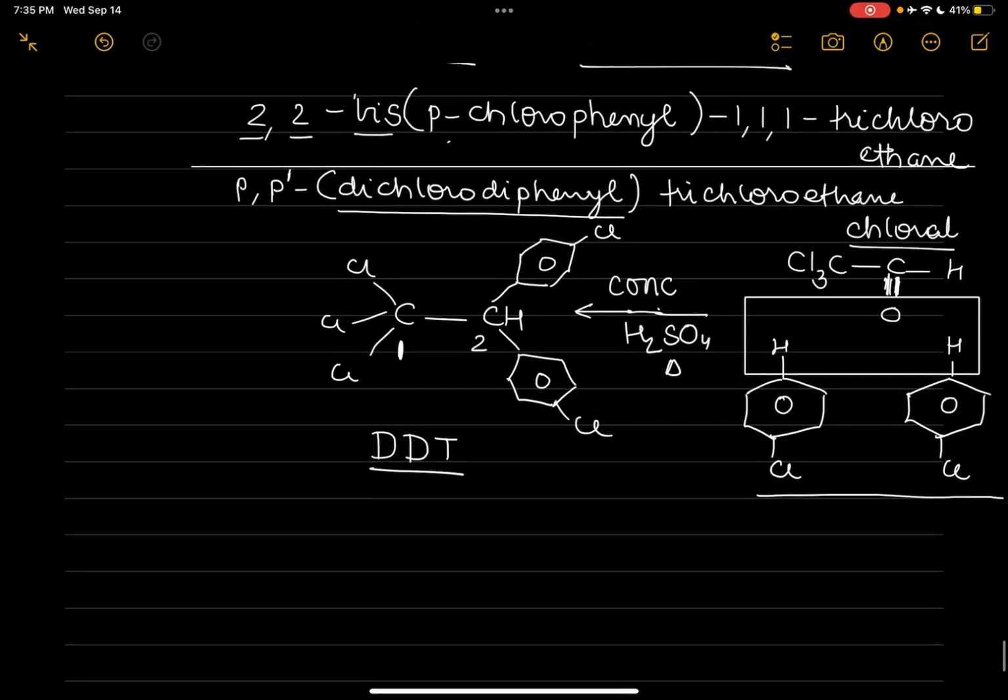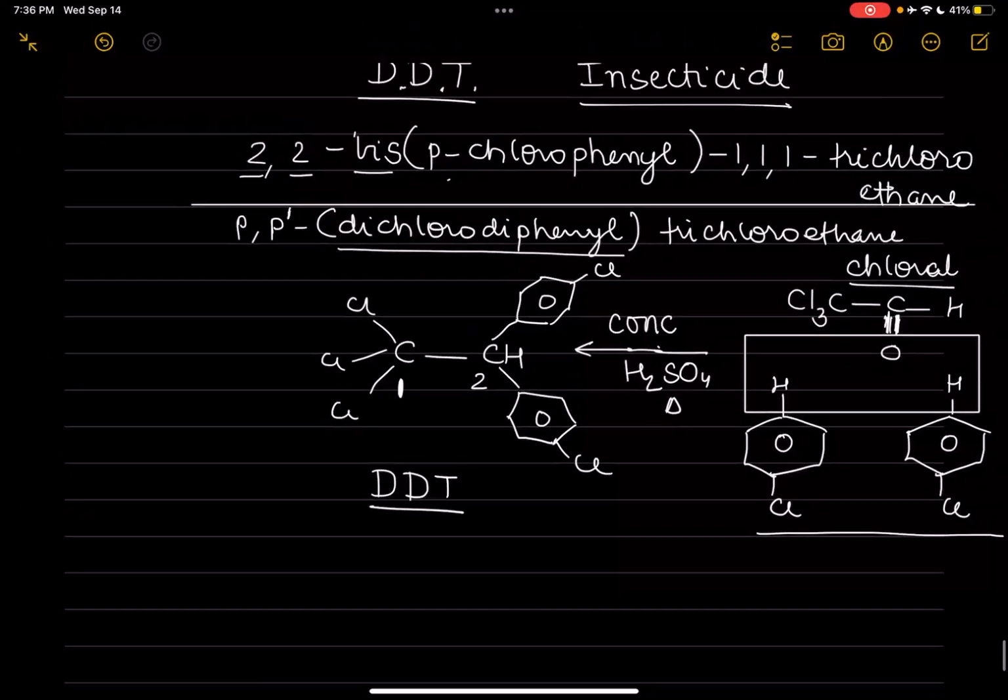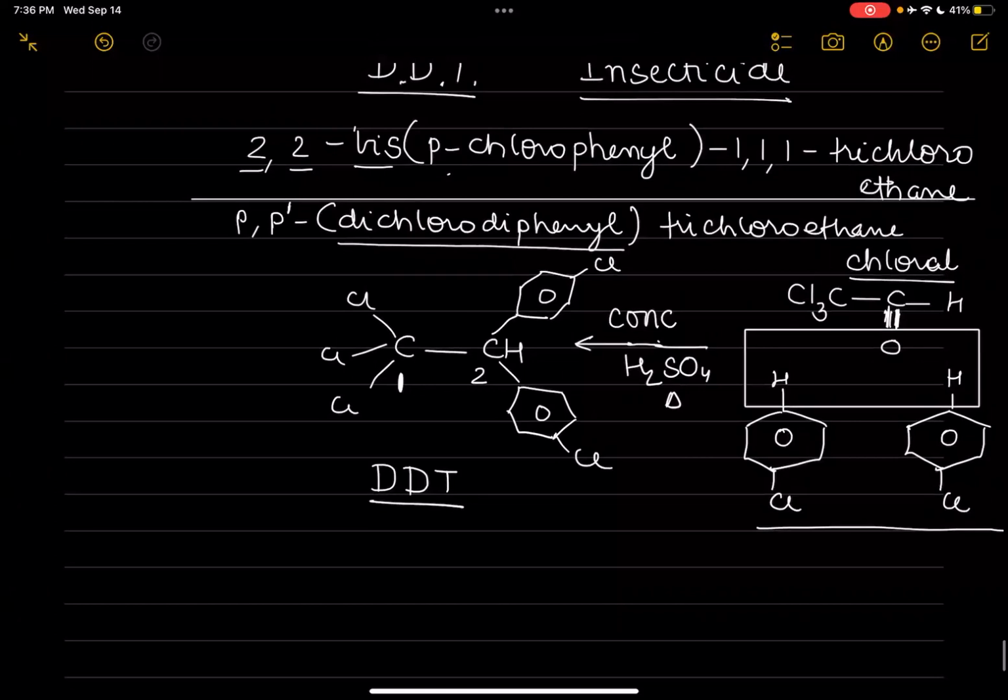So ultimately its use is banned. Okay, is it clear? Understood? Yes, sir. You need to remember why DDT was banned and what the harmful effects of DDT are. It will be asked.